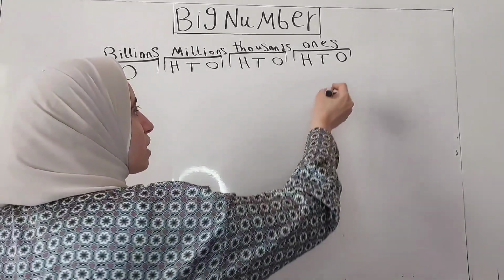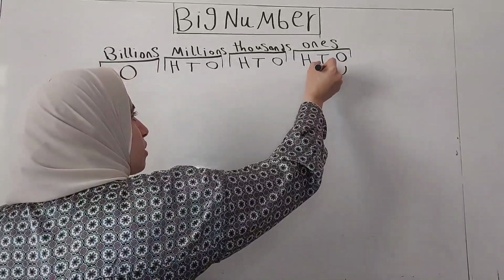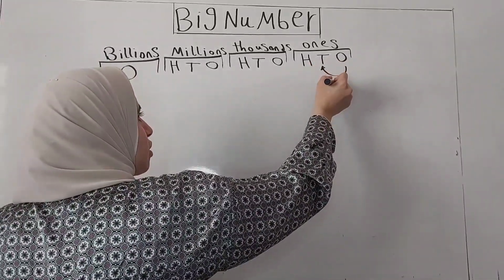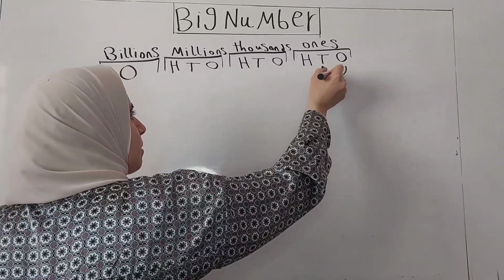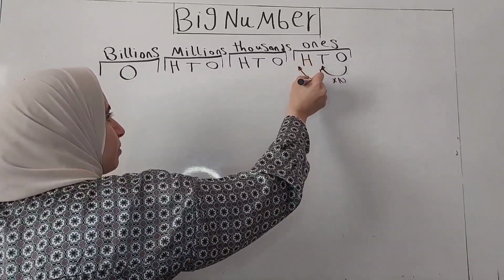Now, as we go from one place to the next higher place, the digit increases in value by the multiplier of 10.